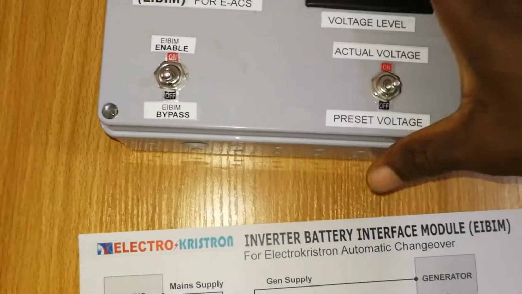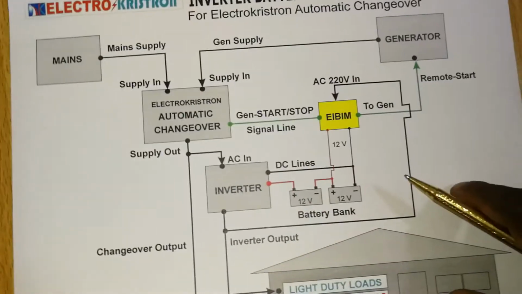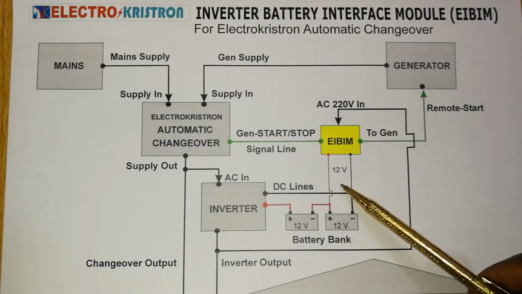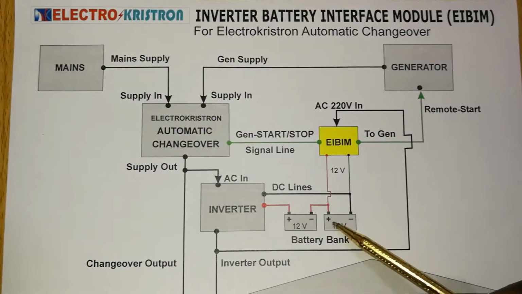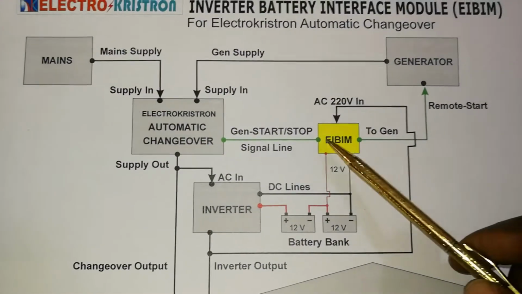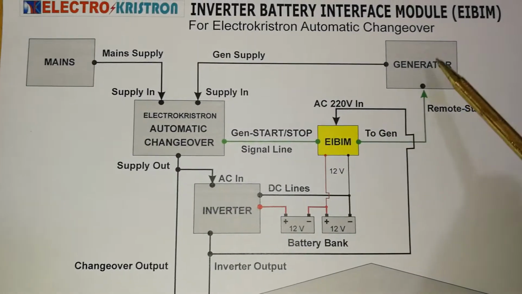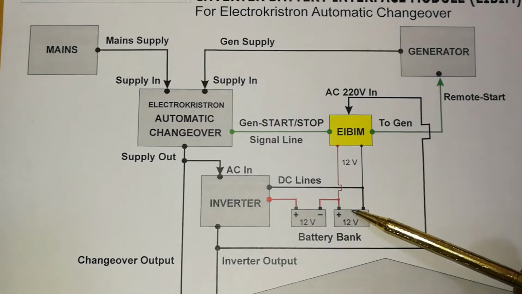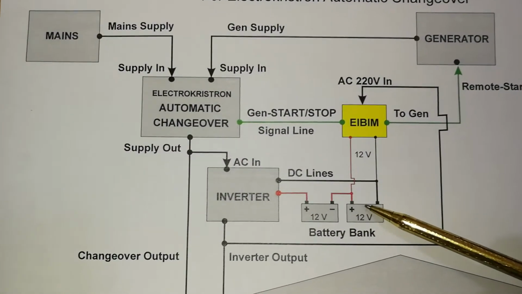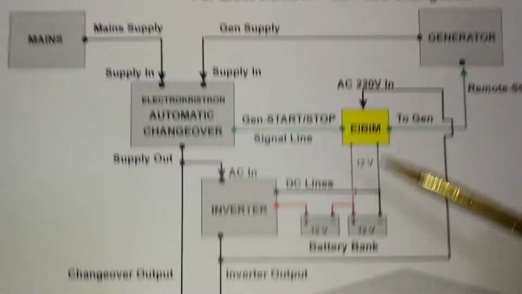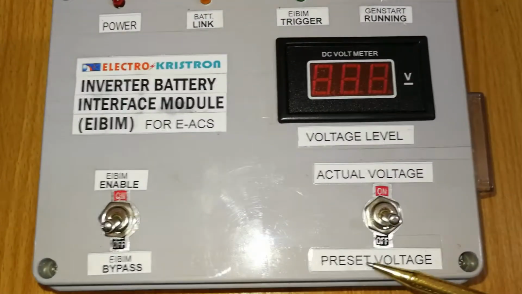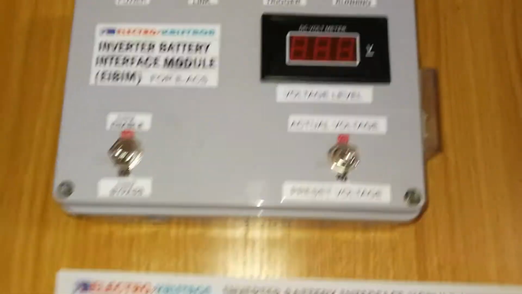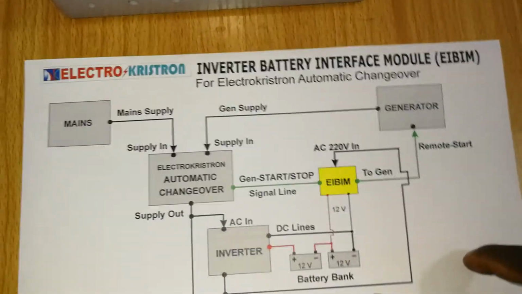Okay, so back to this drawing, the EIBIM ensures that for as long as the battery conditions are okay in terms of the voltage level, the gen start signal doesn't get to the generator. But the moment the battery's level drops to or below the threshold setting that you have preset, that's why we call it preset, you adjust it first, set it in place, and then you wait for the automation to take its charge.